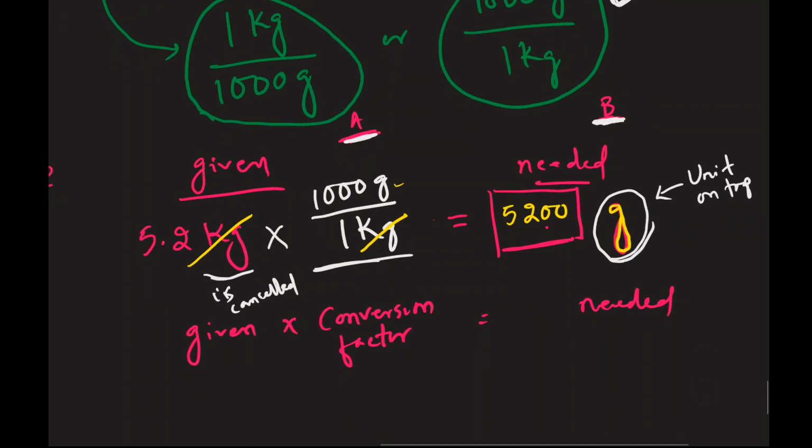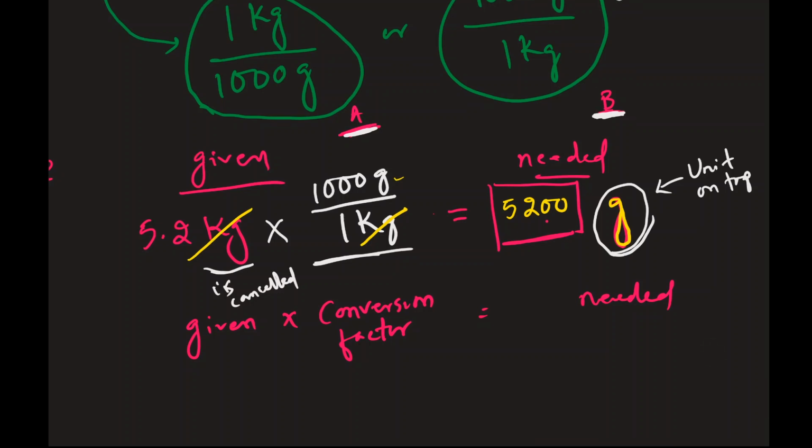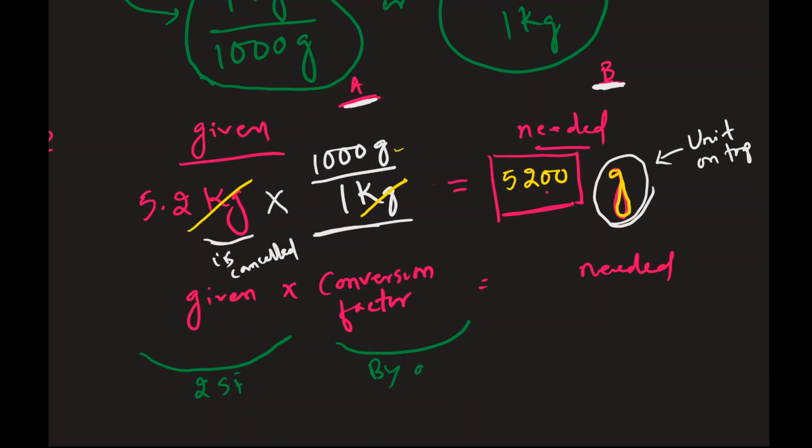Now you have to pay attention to the sig fig. Which of these are counted as sig fig? 5.2 has 2 sig fig. This is by definition, so it doesn't count towards the calculation.